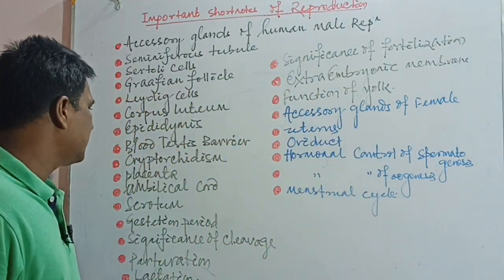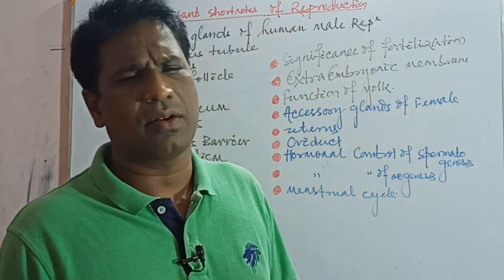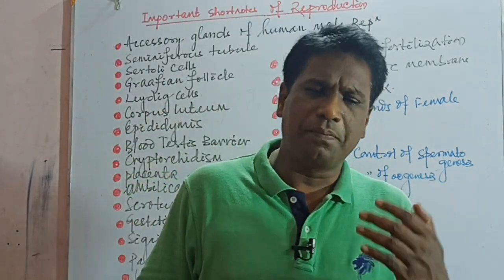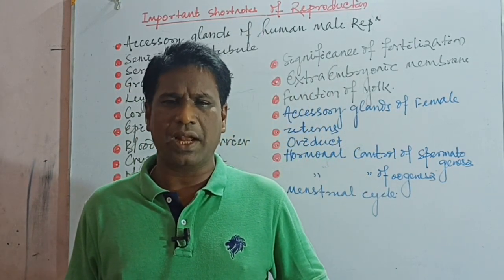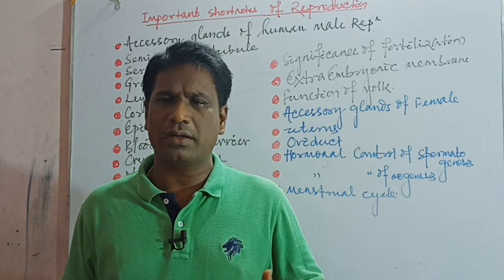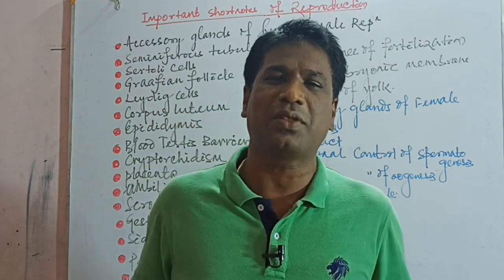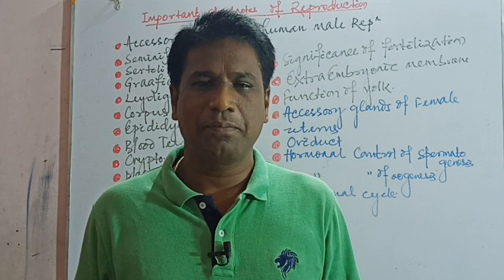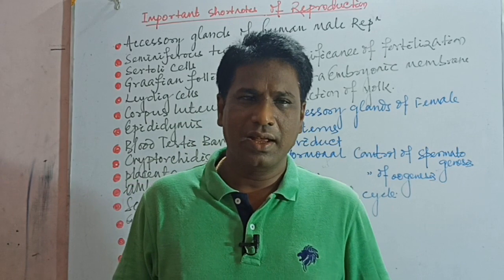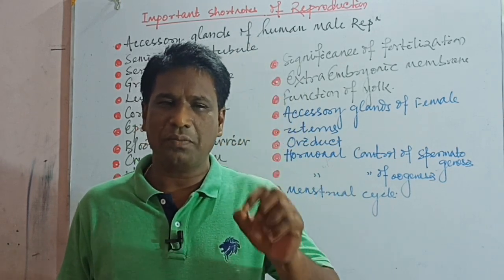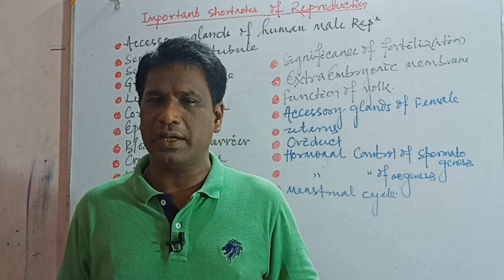Then next one is cryptorchidism. It is also very easy and important. If, after development of the testis within the abdominal cavity, it does not descend into the scrotal sac, that condition is called cryptorchidism. And cryptorchidism is one of the important reasons for male infertility.